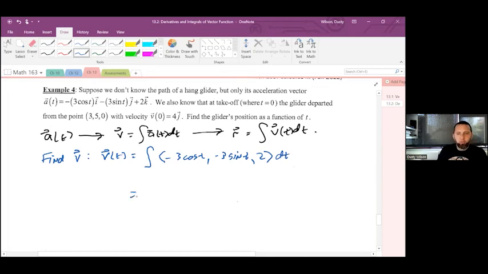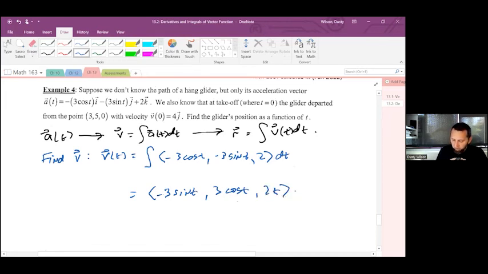So the antiderivative of negative 3 cosine t would be negative 3 sine t. The antiderivative of negative 3 sine t would be positive 3 cosine t. And the antiderivative of 2 would be 2t.